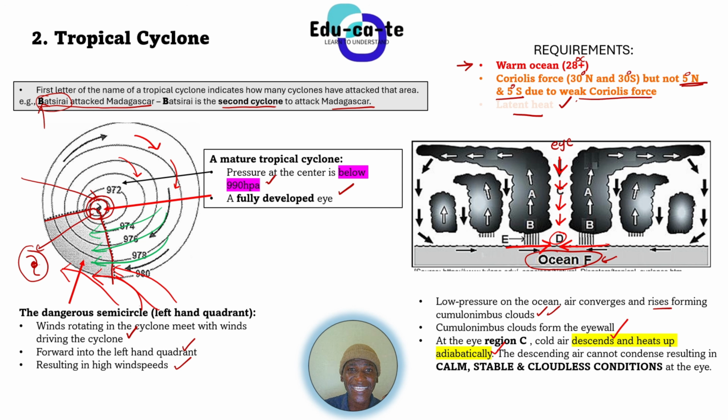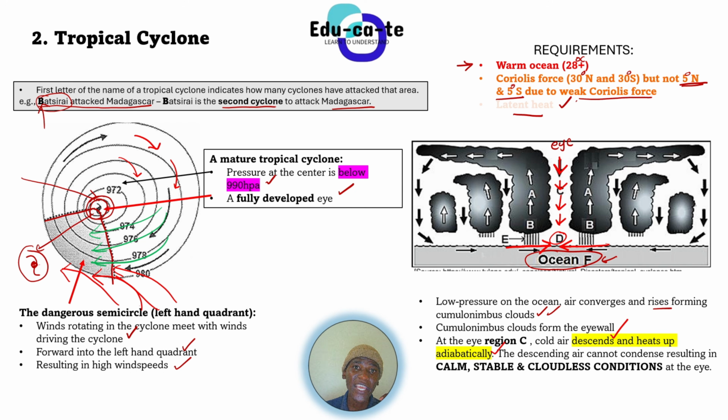It simply means that as this cold air moves down, it becomes warmer and warmer as it gets closer to the ocean from the upper atmosphere. When you say that it heats up adiabatically, it just means that it compresses in such a way that it becomes warmer and warmer. And then this descending air cannot actually condense.